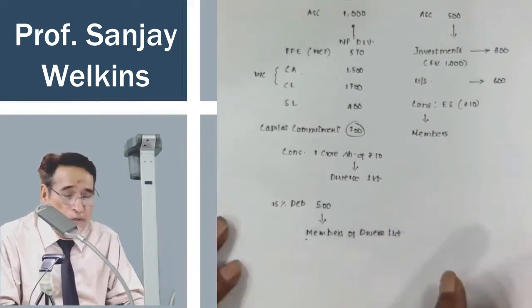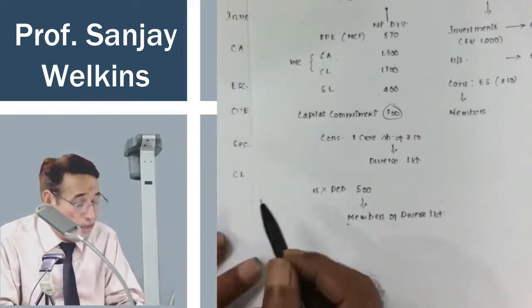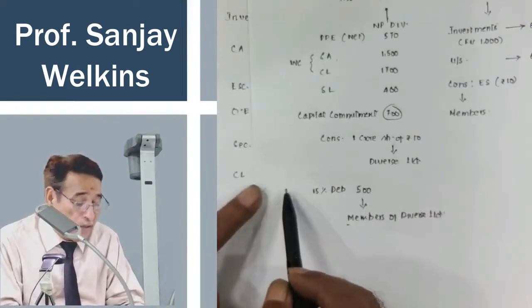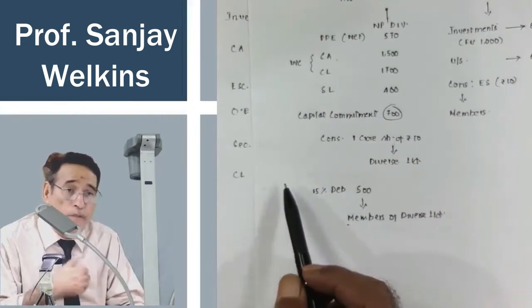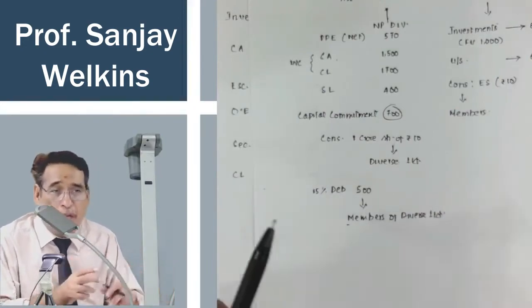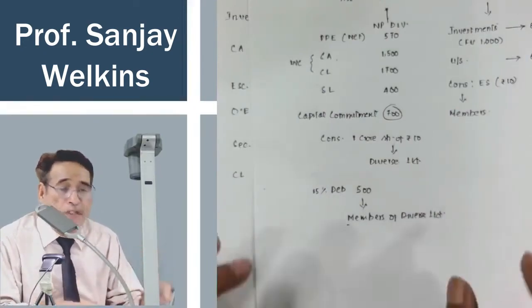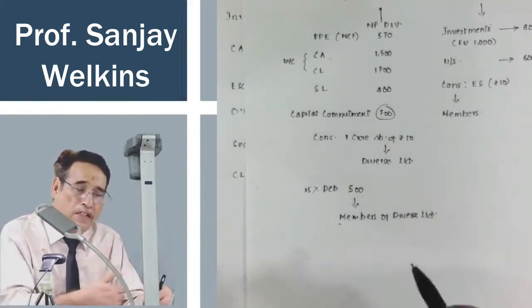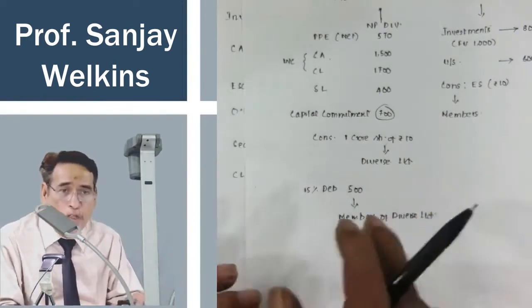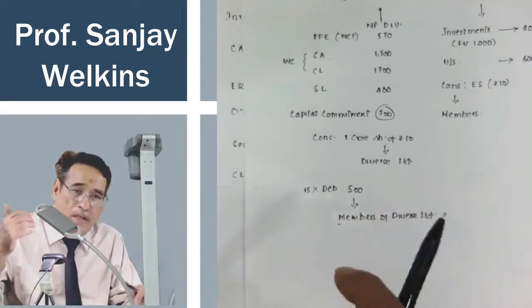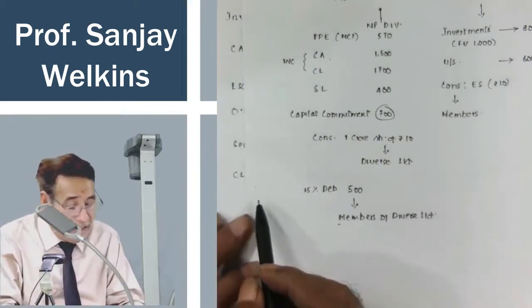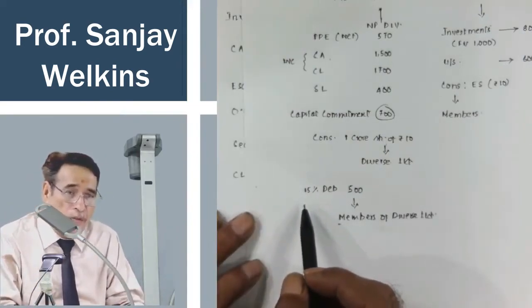In the books of Diverse Limited, we are going to pass the entry investment in debentures, because we are investing our amount in the debentures of Sunrise Limited. Members of Diverse Limited are investing in it. So we will write investment in debenture account debit to bank account.